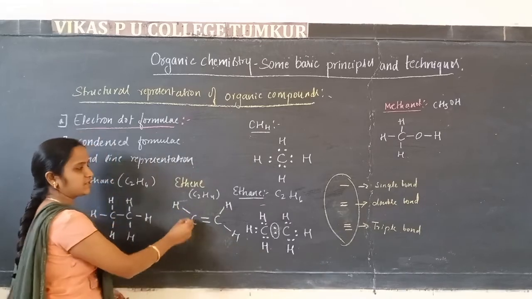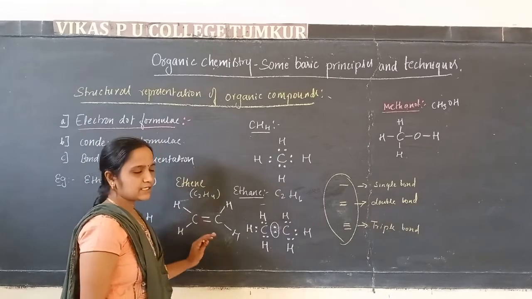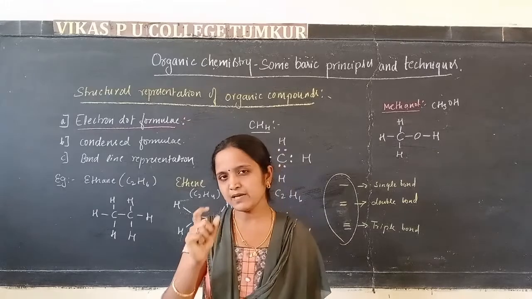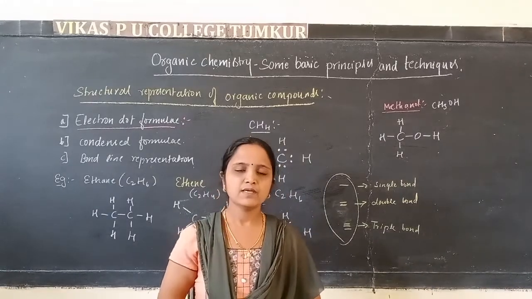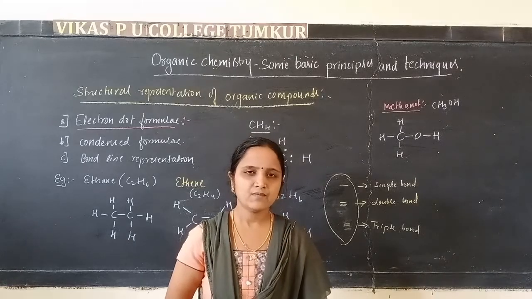This is the complete structure of ethene. Here each dash represents a pair of electrons, that is, a covalent bond.